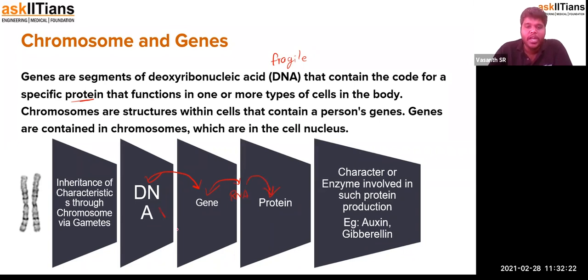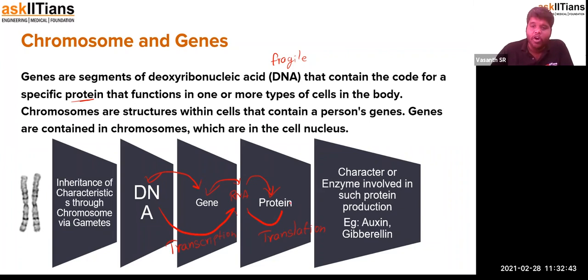So from DNA to RNA, this process is called transcription, and from RNA to protein, this process is called translation. So this is actually how the expression of characteristics takes place.